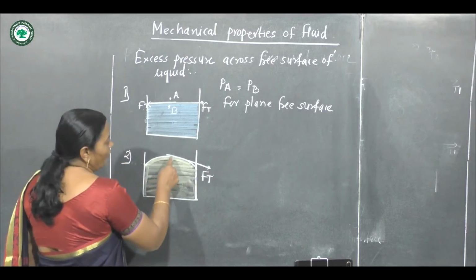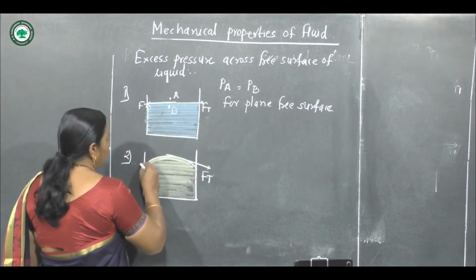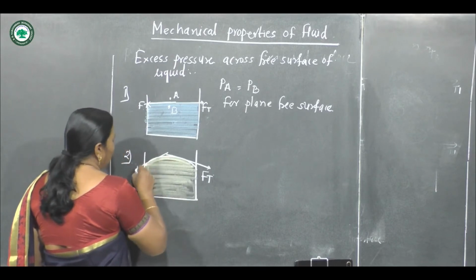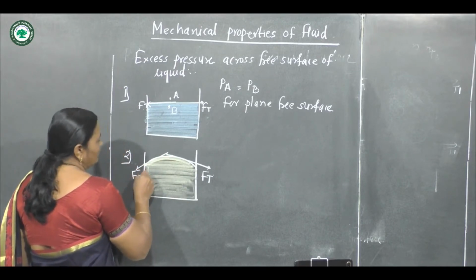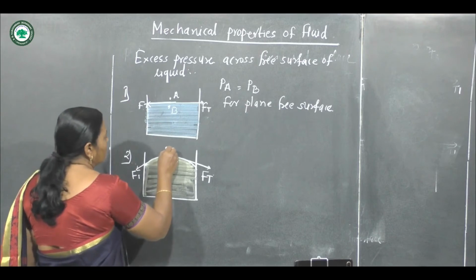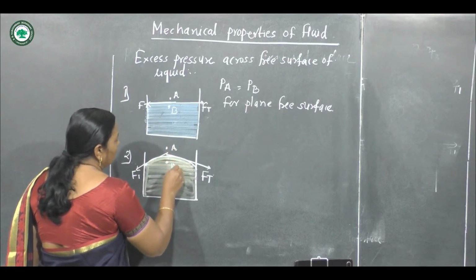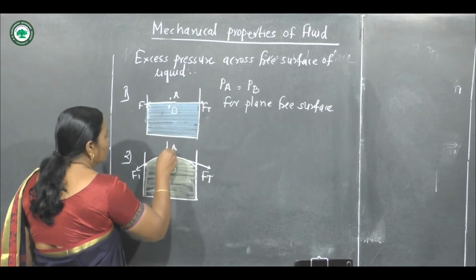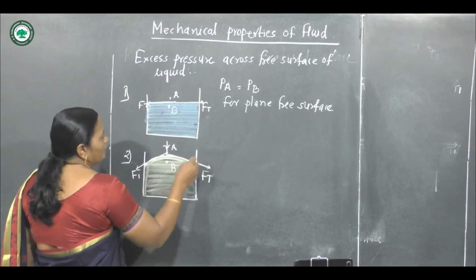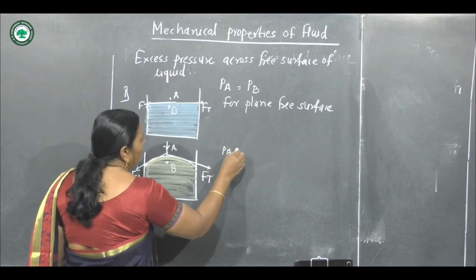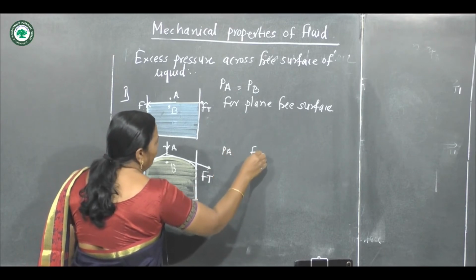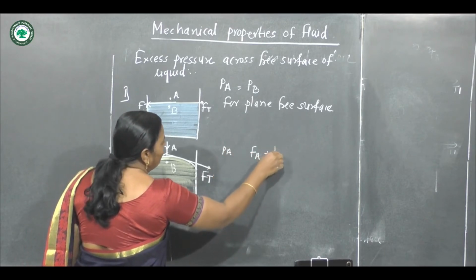We can draw a tangent to this surface and here again a tangent to this surface. Now suppose this is point A, this is point B. This is the force at point A, it is vertically downward.